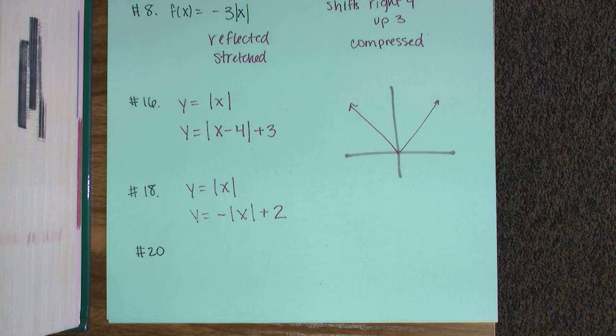The vertex, the bottom of the V. The other point is helping you to look at the slope. And just a reminder, slope is rise over run.